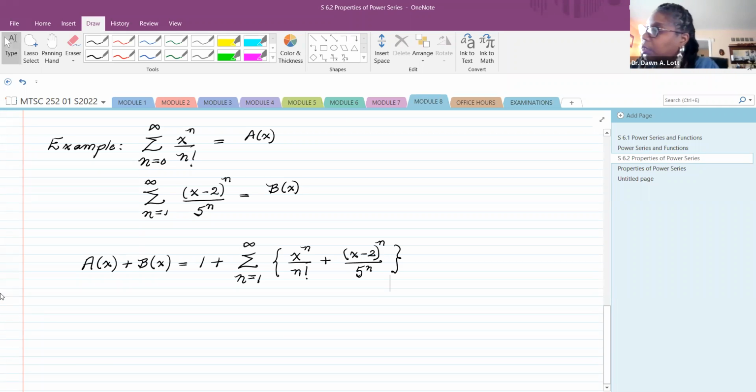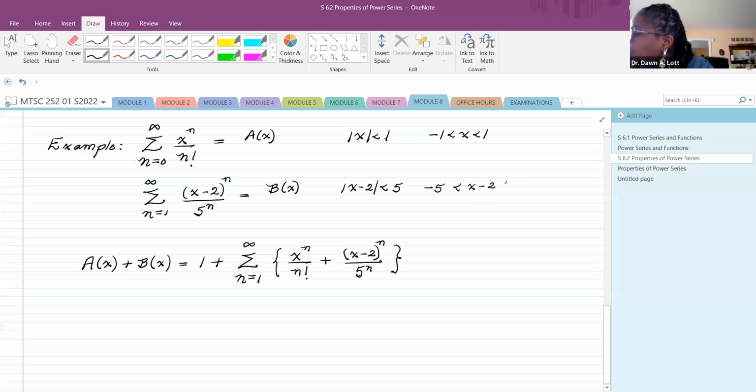So A converges on the absolute value of x less than 1, and B converges on the absolute value of x minus 2 less than 5. So this is minus 1 less than x less than 1. And this one is negative 5 less than x minus 2 less than 5, so this one will be negative 3 less than x less than 7.